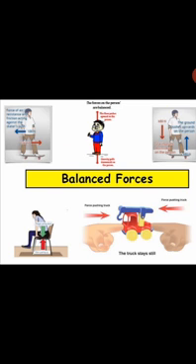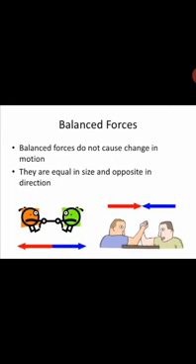In this arm wrestling picture also, the forces are balanced and in opposite directions. That is why both of the hands are not moving. As soon as one person generates more force, he will win, because then the hand will move. Right now the hands are not moving because the forces are balanced.